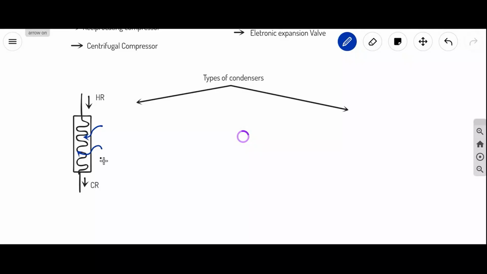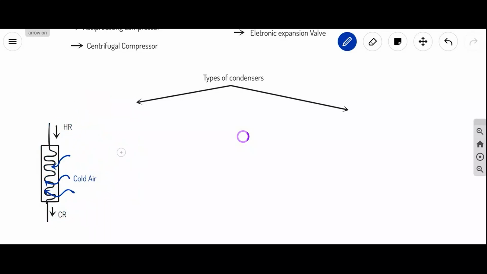We are throwing cold air. So now air is cooling the refrigerant, so it is called an air cooled condenser.